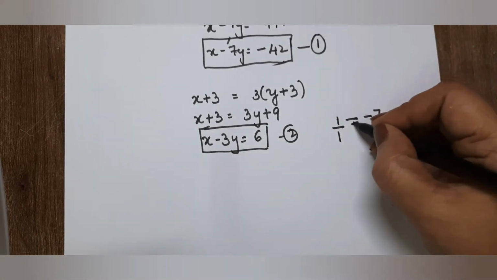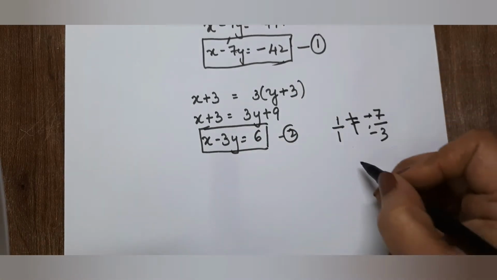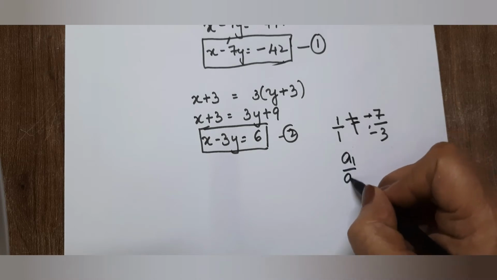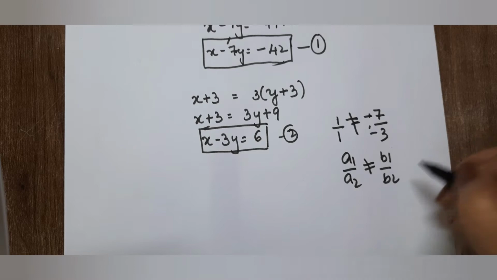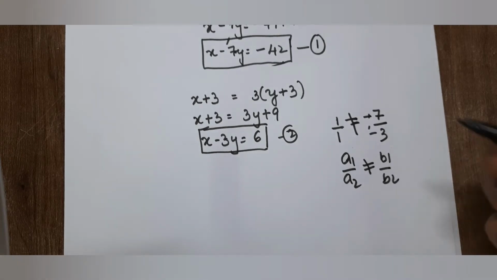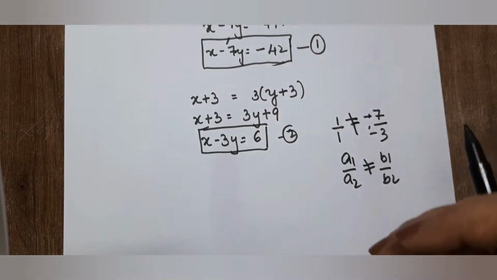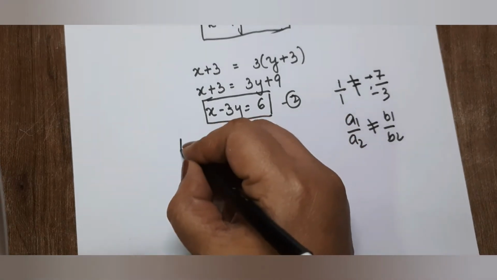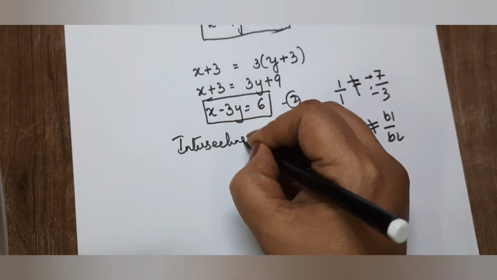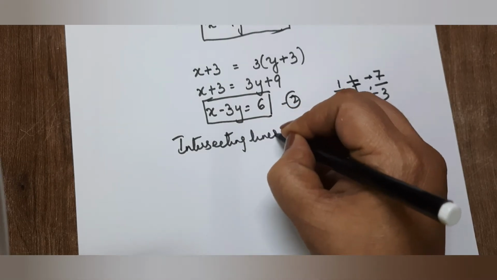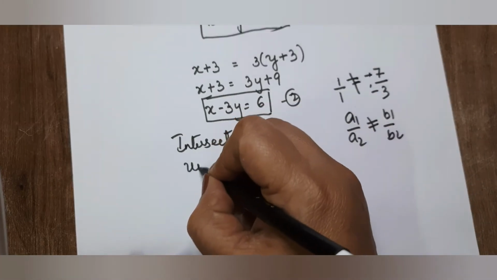So definitely this is not equal. I will write here a1 by a2 is not equal to b1 by b2. So now we know that when we draw the lines, we will get intersecting lines, with a unique solution.